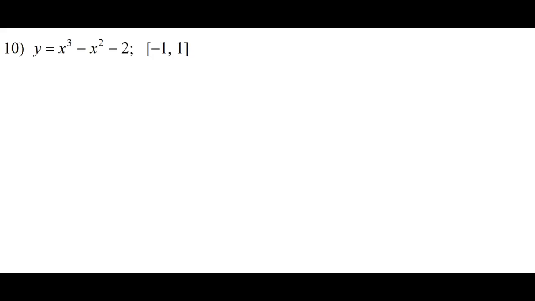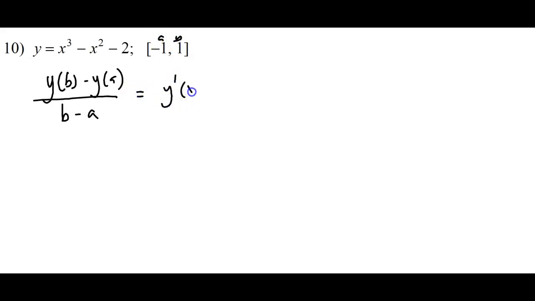So the first thing I'm going to do is y of b minus y of a over b minus a, where that's my a and that's my b. After that, I want to set that equal to y prime and solve for x, right? So let's do the y of b. What does y of b equal? B is 1, so I'm going to be plugging 1 into the original function here. And it looks like I get negative 2 as an answer.